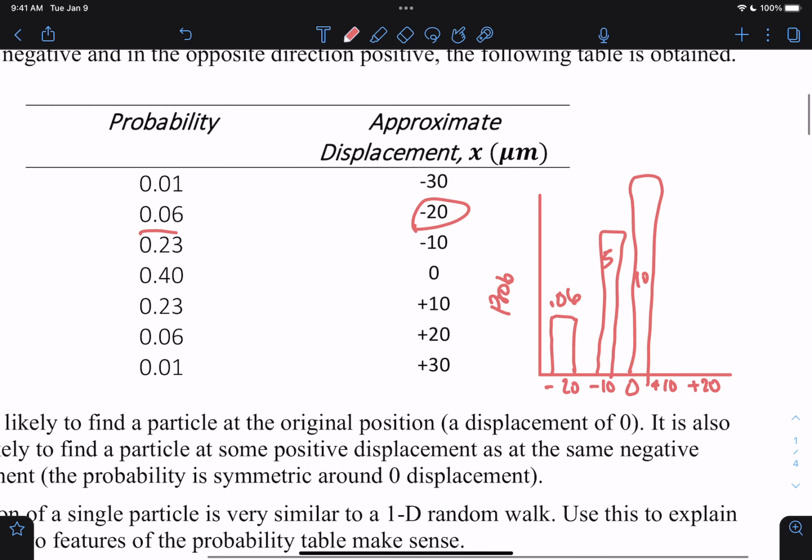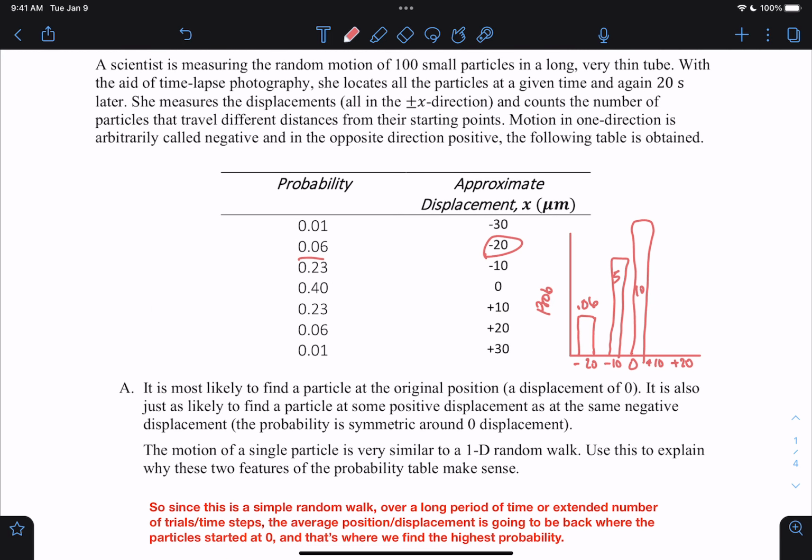There we go. Hopefully you can see the histogram there. But yeah, you just take the probability times the number of particles, because the probability is giving you the percentage of the particles that will be found at that specific displacement.